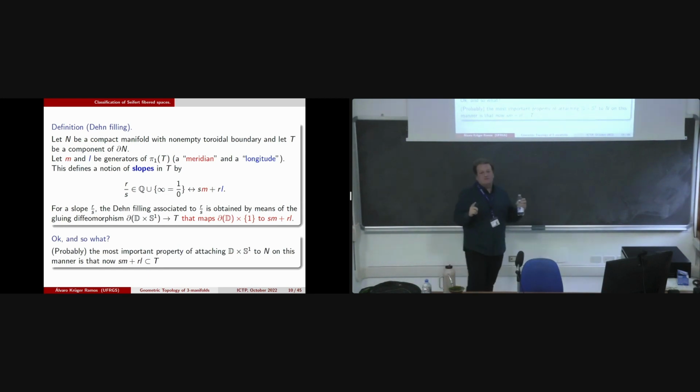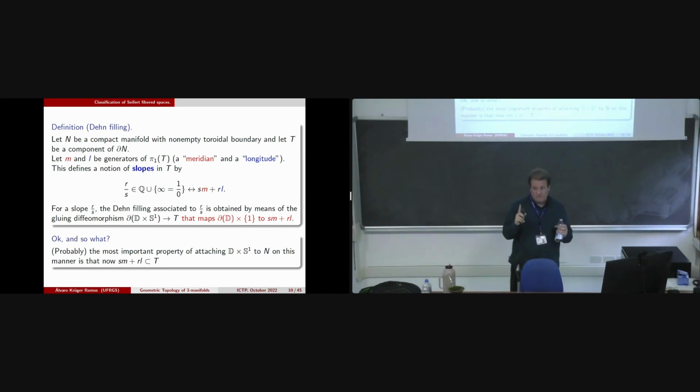Here's the thing. When you do that, this curve, this slope R divided by S curve, was non-trivial on the boundary of your manifold. But now it becomes the boundary of a disk because you're gluing a disk there.